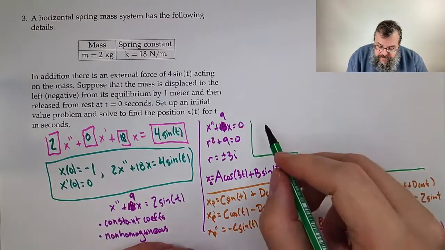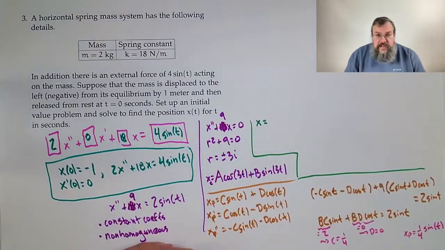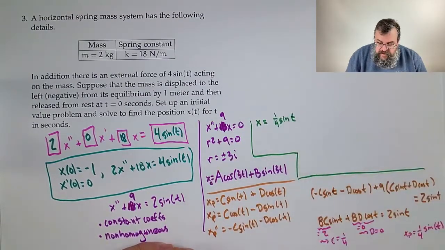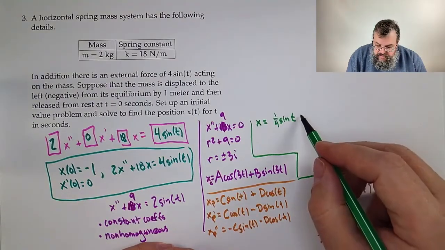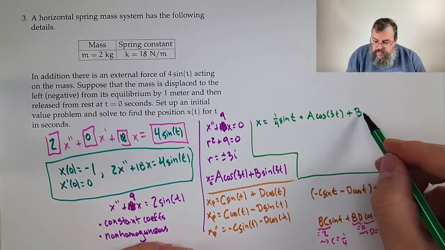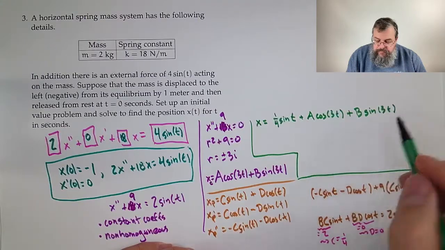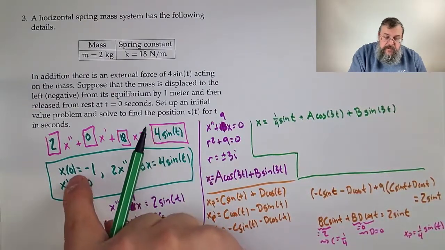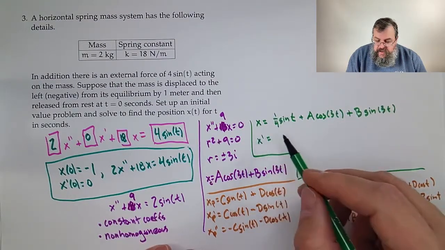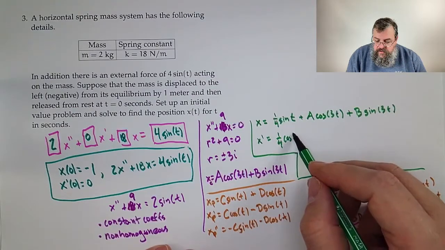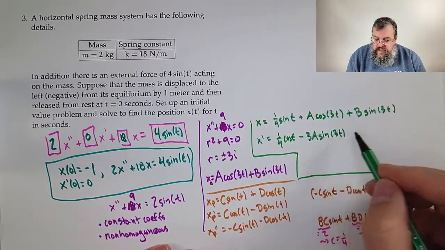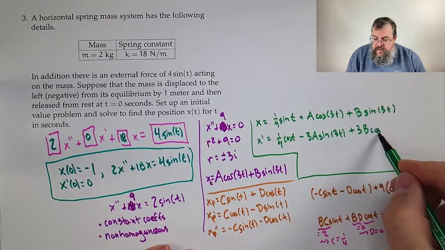Well, we have our function x looks like 1/4 sine of t, our particular solution, plus some to-be-determined constant a times cosine 3t, plus some other to-be-determined constant b times sine of 3t. And we're going to use information about x of 0 and x prime of 0. So let's also write down what is x prime. That's 1/4 cosine t, then minus 3a sine of 3t, and plus 3b cosine 3t.